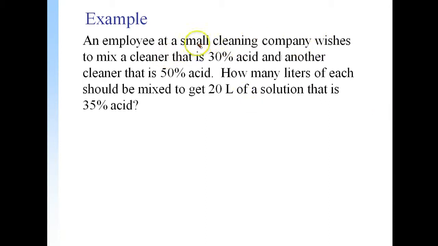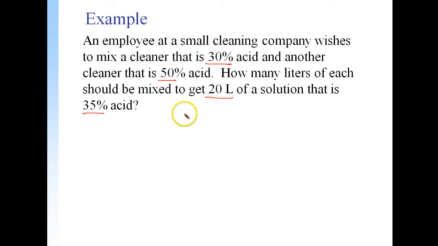So a cleaning company wishes to mix cleaner that is 30% acid and another that's 50% acid to get a mixture that is 35%. So 30's there, 50's there. We want something toward the middle. Mix some of this with some of this. And we want to end up with 20 liters.